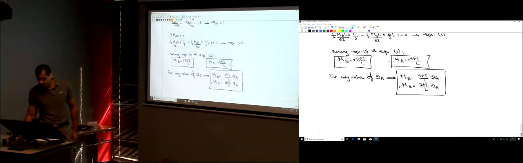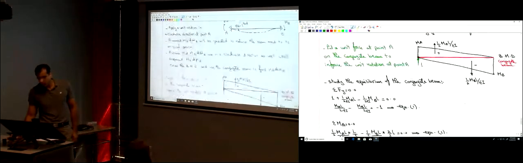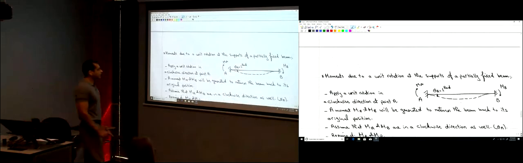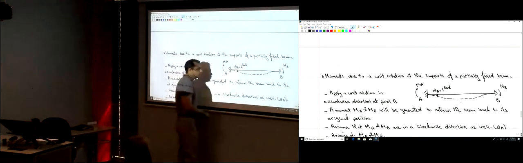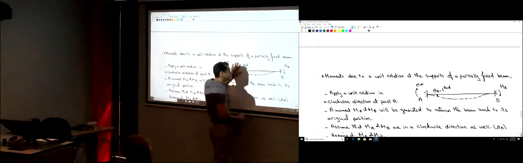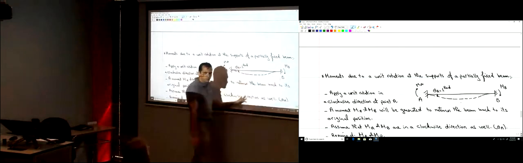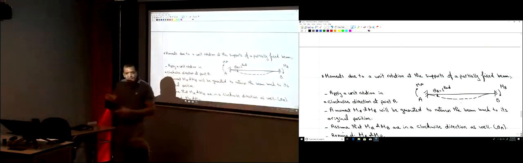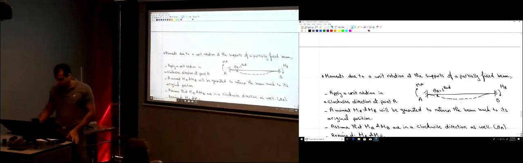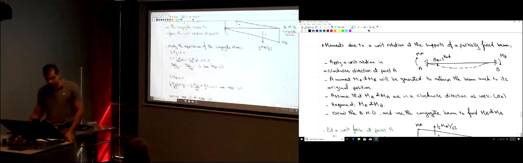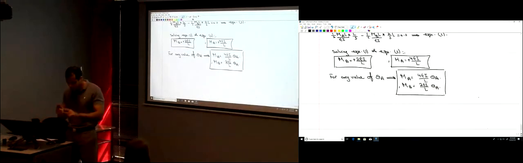Doing the same thing. So what we did over here is that we had the unit rotation at point A. What if we had a unit rotation at point B, and we want to find MA and MB? It's going to be the same, okay? But just switching them.